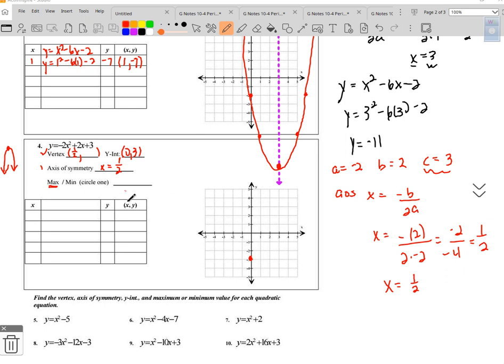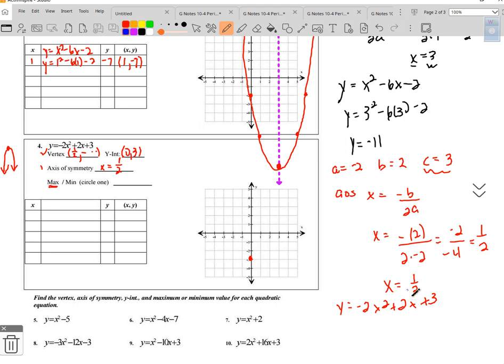Okay, so now we need the y-coordinate of our vertex, which is also going to be our maximum y value. We are going to plug this into our equation. So y equals negative 2x squared plus 2x plus 3.